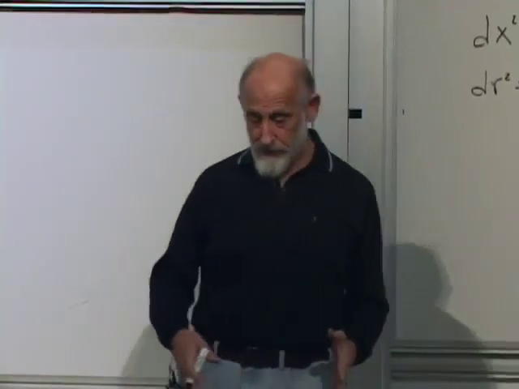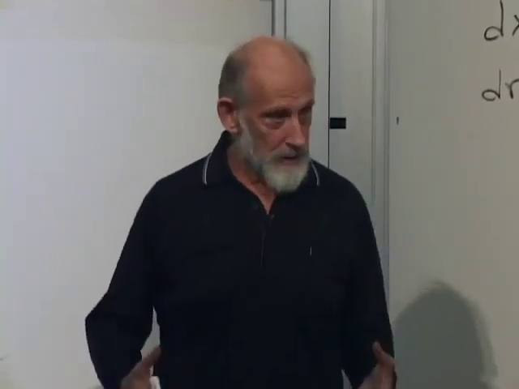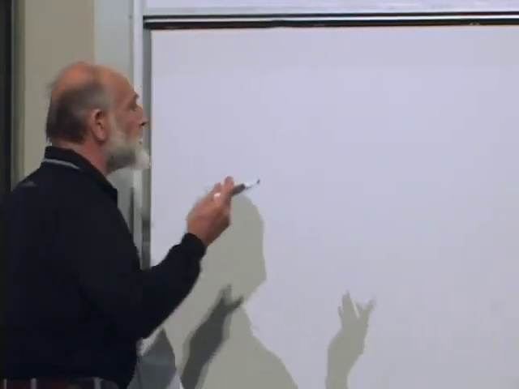The cosmological constant, I'll remind you, is just a term in the energy which doesn't dilute as the universe expands, an energy density which does not dilute. So it's just a term in Einstein's equations.